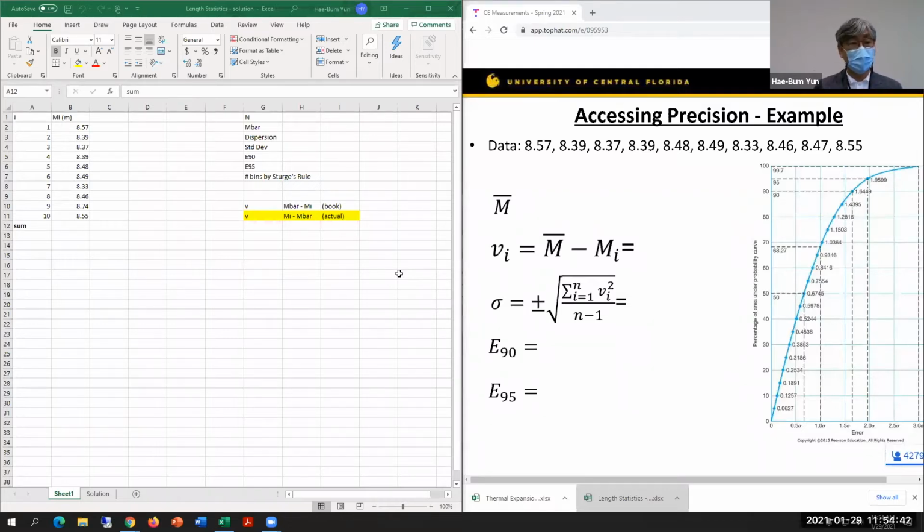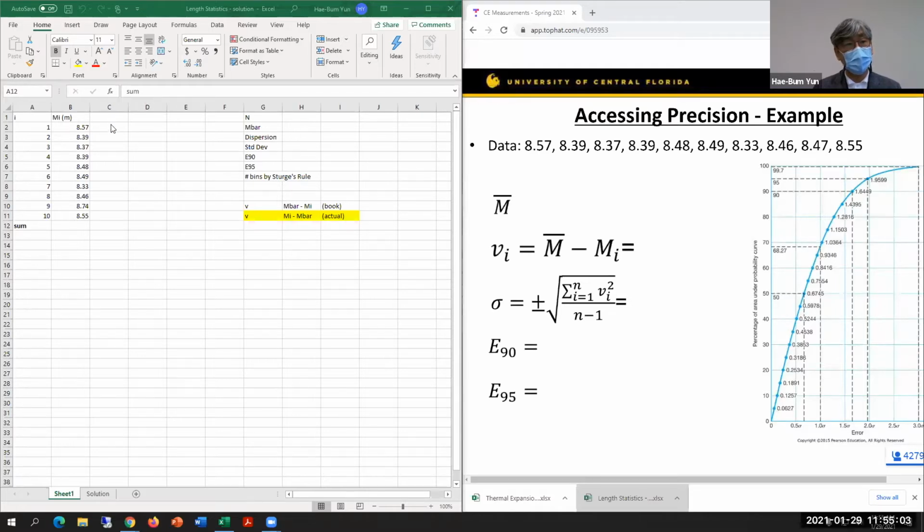So then we have i, which is the number of trial, number of measurement, and then we have Mi, which is a measurement observed value. So this is in meters.